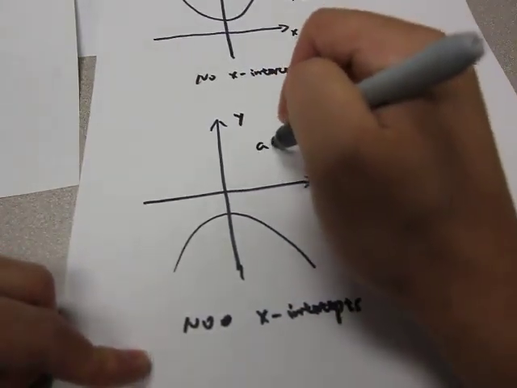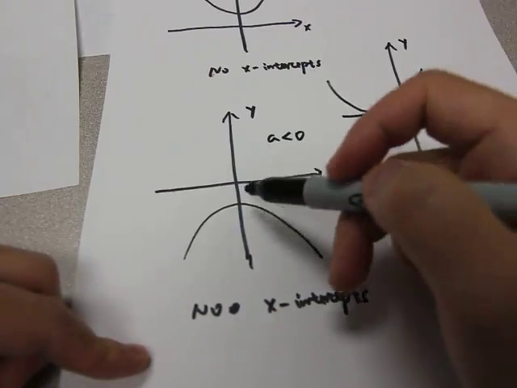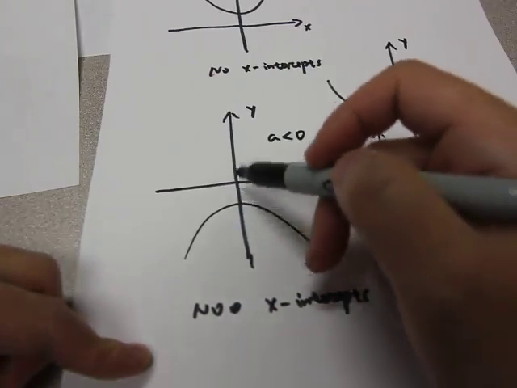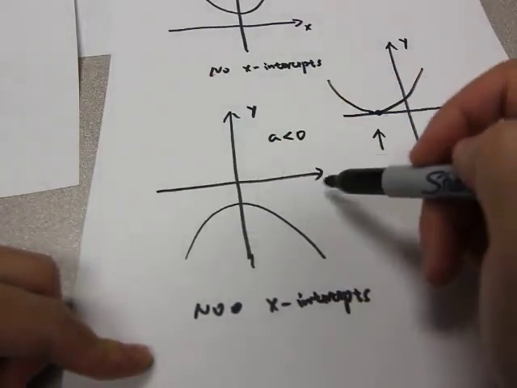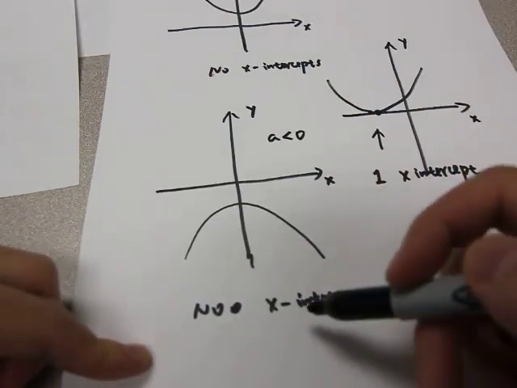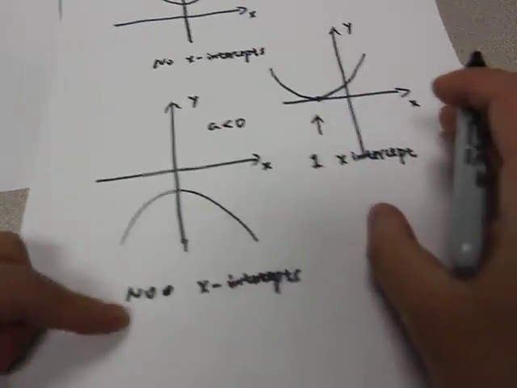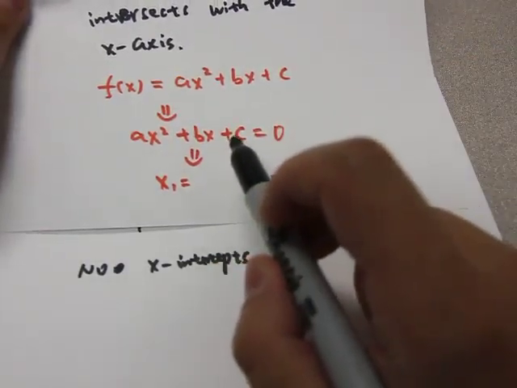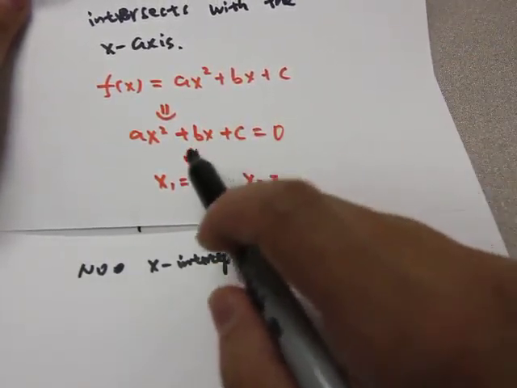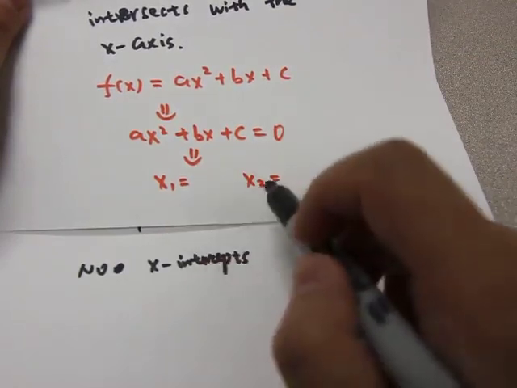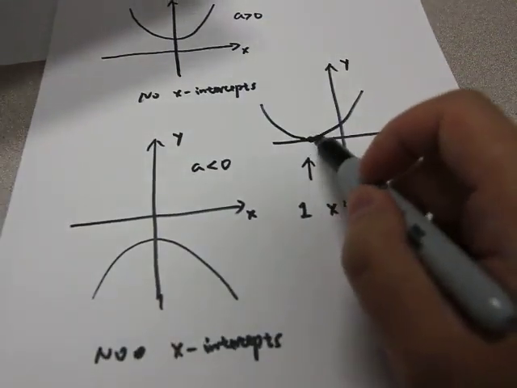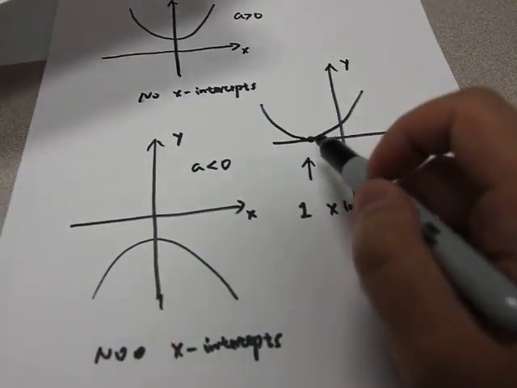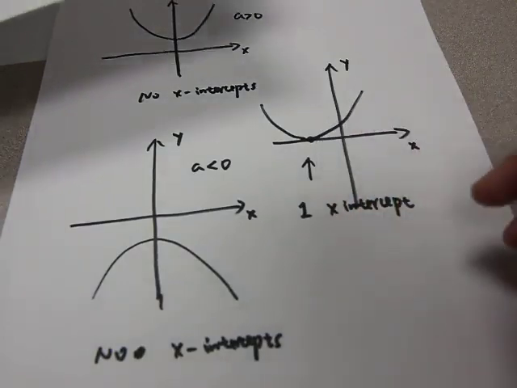Or if a is less than 0 and the parabola is below the x-axis, then we don't have x-intercepts. And if the equation gives you only one solution, that means we have only one x-intercept. Okay?